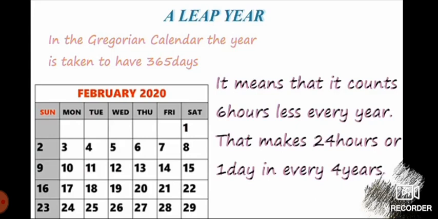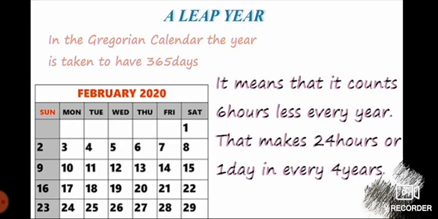We have already learned that a year has 365 days and 6 hours. So every year these 6 hours are not counted. And what happens, children? After 4 years, these 6 hours are counted. 4 times 6 is 24, and 24 hours means 1 day, isn't it?